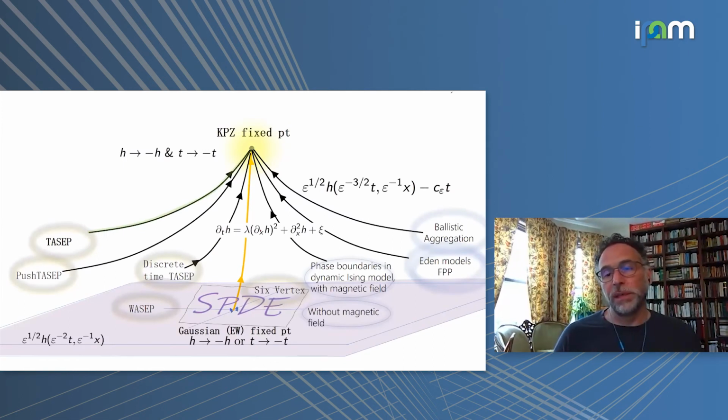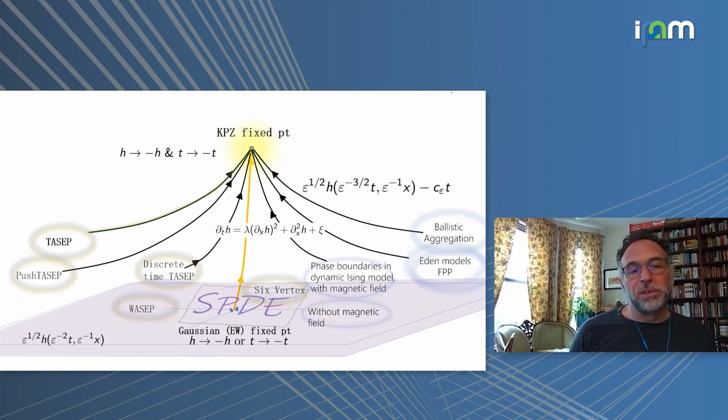Okay, so here's a big picture of the universality class of KPZ. This is supposed to be a schematic picture containing the universe of models in the KPZ universality class. And there's a scaling, which is this 1, 2, 3 scaling, in which models are being sucked into this universal KPZ fixed point.